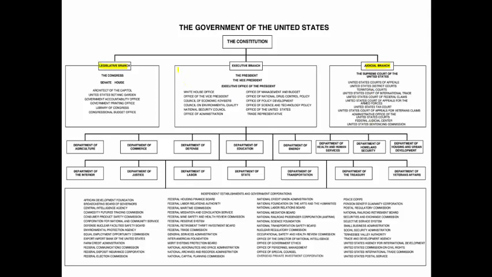But now, as far as the executive branch, what we see here is the executive branch literally entails everything else on this entire chart. So as you can see, the executive branch is very large, a lot of people. We'll talk about it here in a minute in terms of numbers.